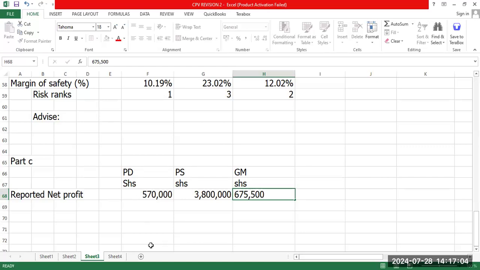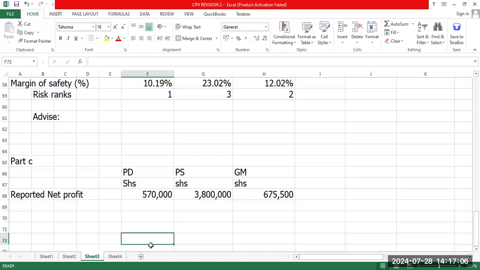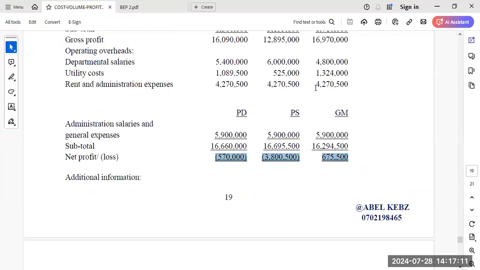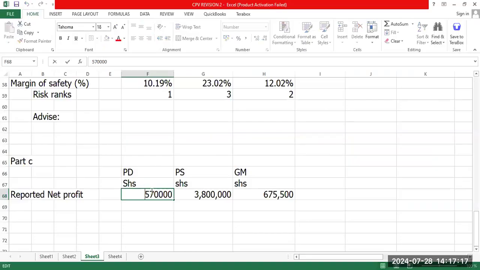But it looks like some figures are in bracket. Oh, yes. Some figures are negative. So we put this one as a negative. For you, you put those figures in bracket. But here it is 500. So that is my reported net profit.